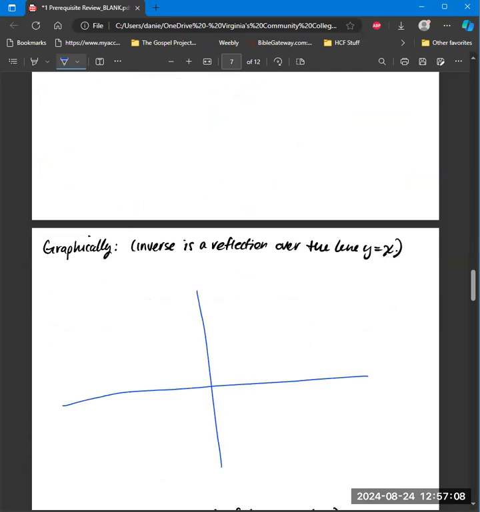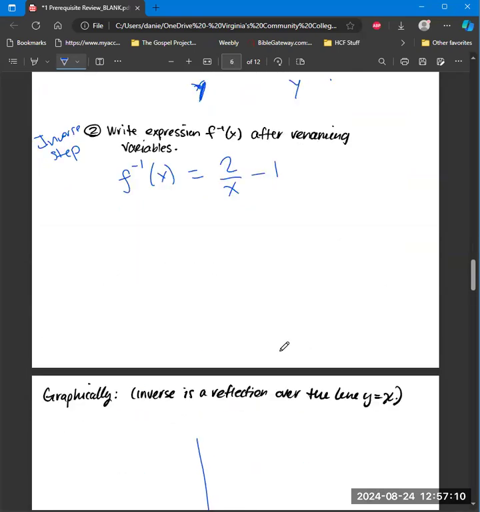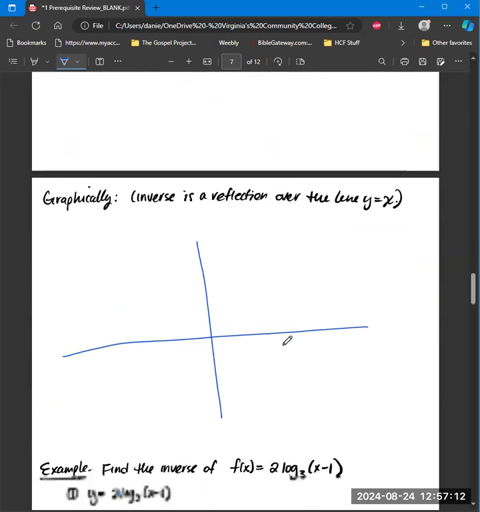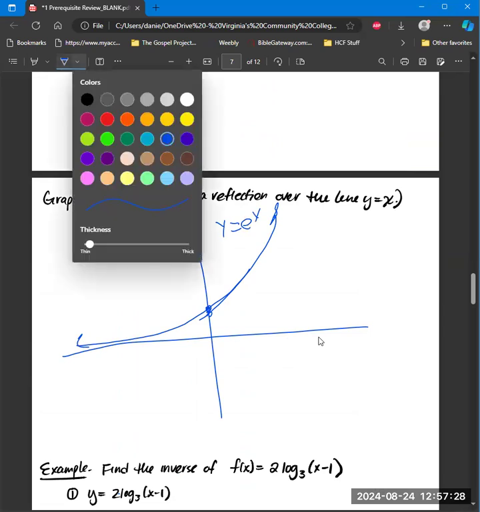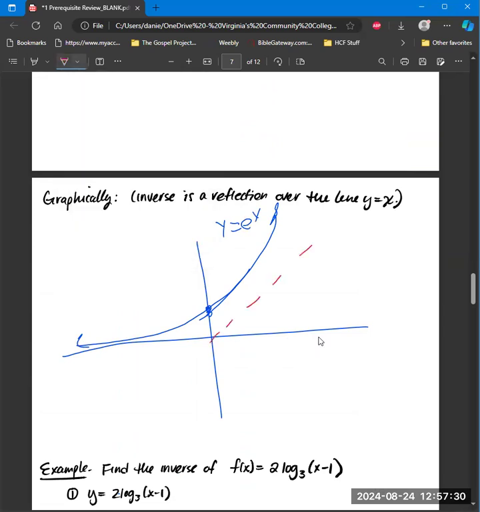If we take the original function here, just as an example of two things that are inverses, here's y equals e to the x. And here's the line y equals x.